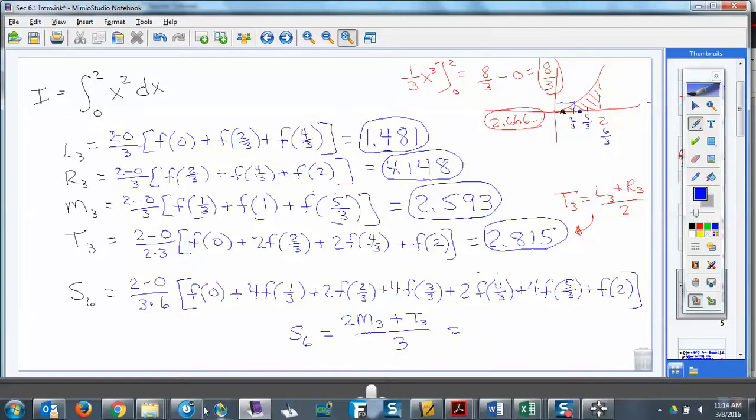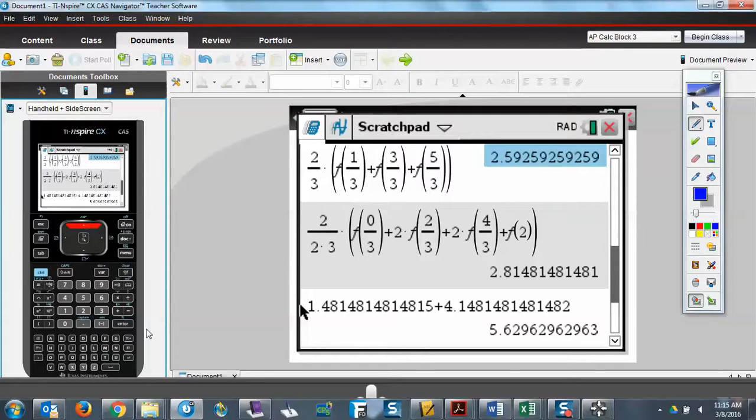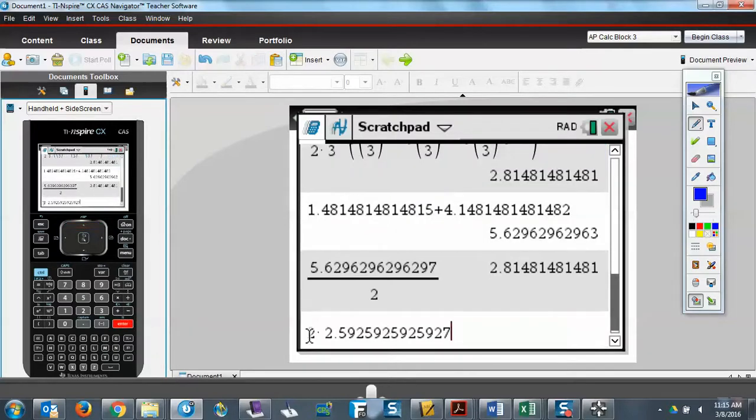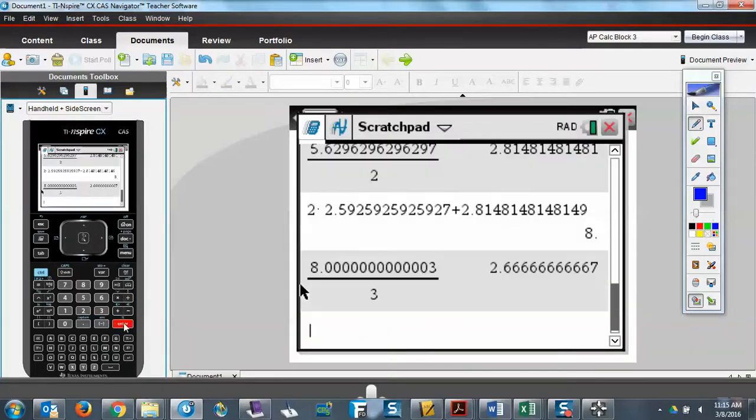So we can go to our calculator and we can go 2 times, where was our M? It was 2.59, that one. Okay? 2 times that plus our T3, which was this one right here, 2.81. Hit enter. Divide by 3, and that is our S6.